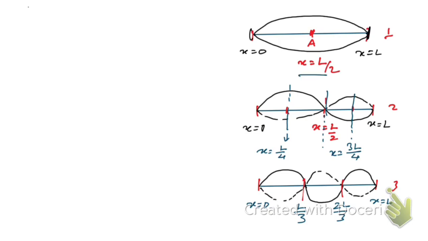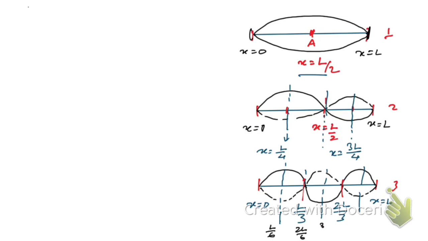For the first mode, this is the position of the antinode. For the third mode, you can see how many parts there are: first, second, third, fourth, fifth, sixth. 6 parts are there. So this position is L by 6, and L by 3 means 2L by 6, right?